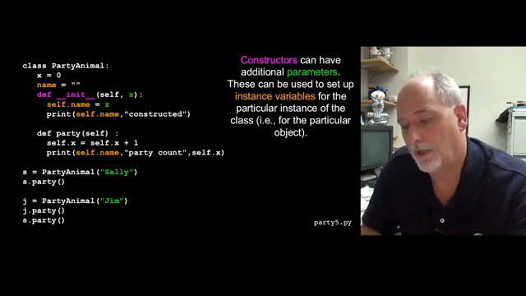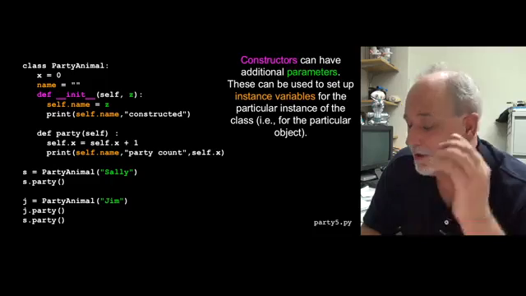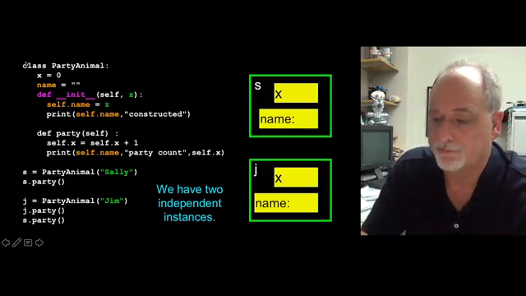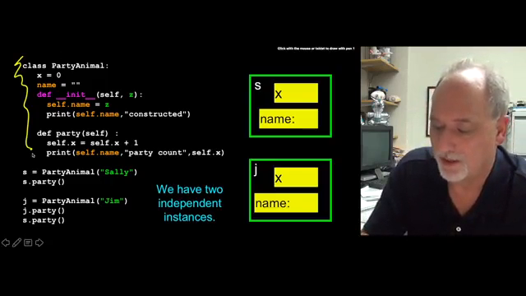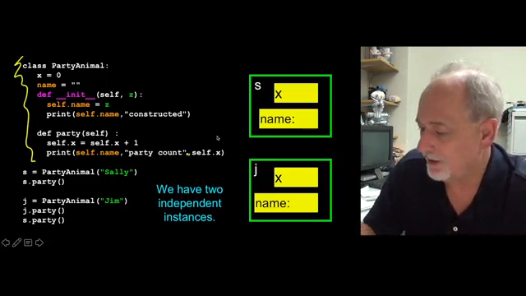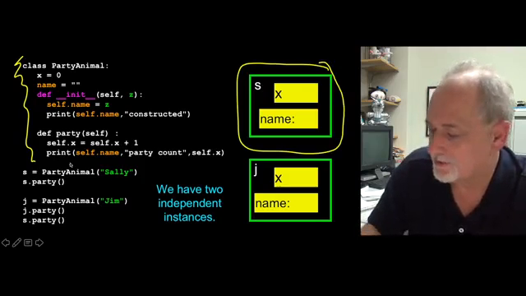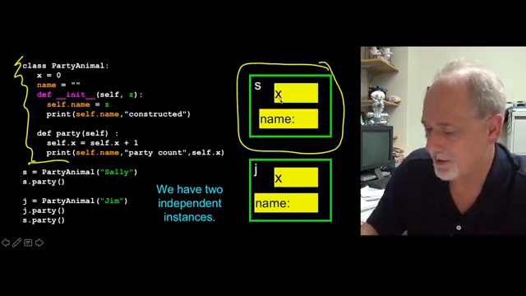And so this is how it's going to look as it runs down here. When this is called, it makes one instance and stores that in the variable s. And there's a variable x in there, there's a name in there, there's an init method in party, and that's all in here.